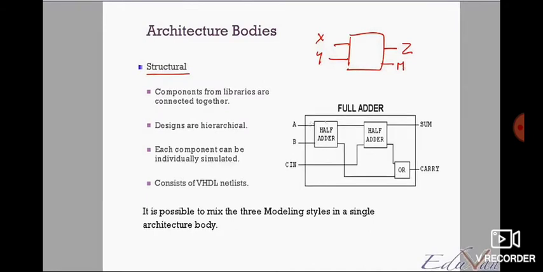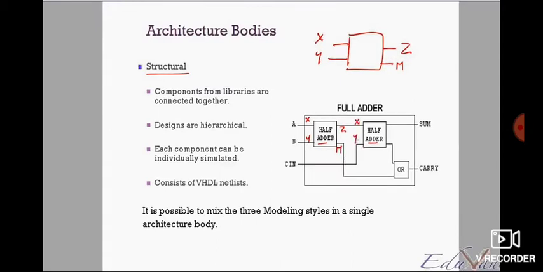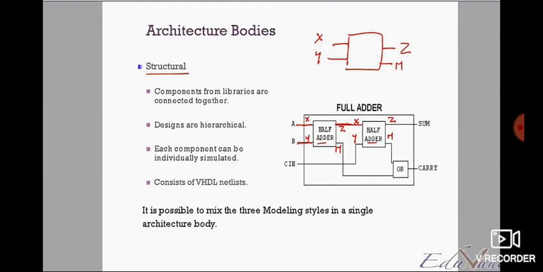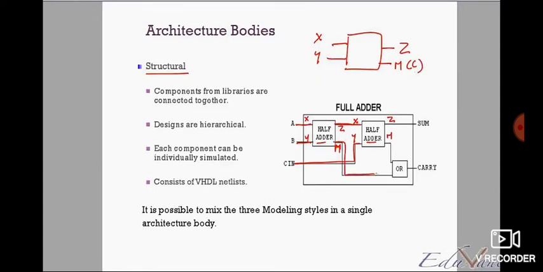Then I would call the half adder 2 times, here and here, such that X, Y, Z, M, X, Y, Z, M, and I map the first X and Y to A and B. I map the second X to Z of the first half adder. I map the Y to the carry in. I map the output M, which was actually the carry of your half adder, to your OR gate, and then I OR the 2 carries.